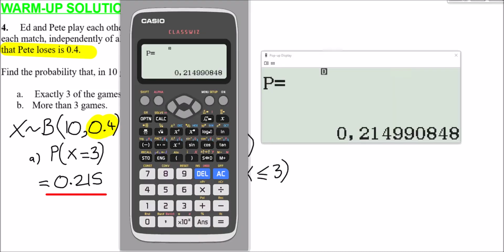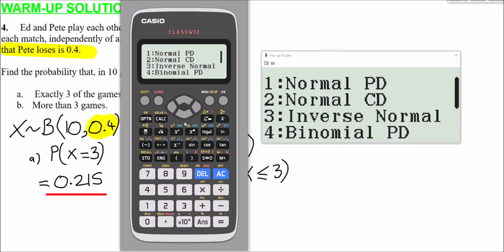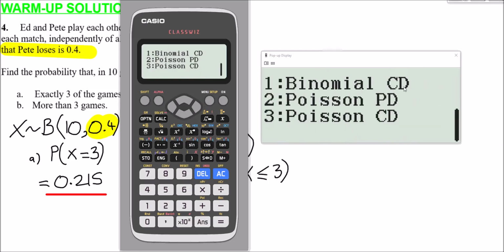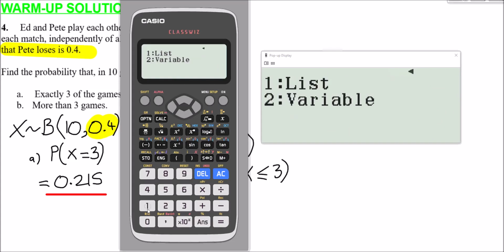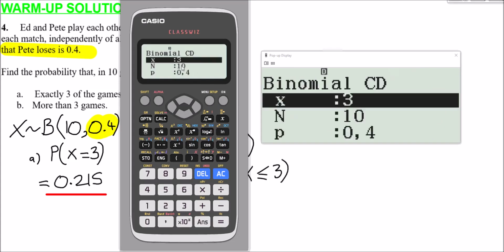Again, we get the calculator ready. This time we press menu 7, then scroll down to binomial CD, and press option 1. What we want is 3, 10, 0.4. Because this is the cumulative distribution, it isn't working out the probability of him losing exactly 3 games. It's the cumulative probability of him losing 0 or 1 or 2 or 3 games inclusive.